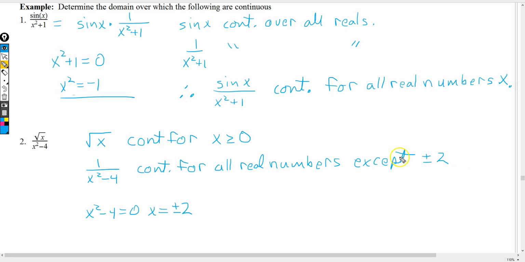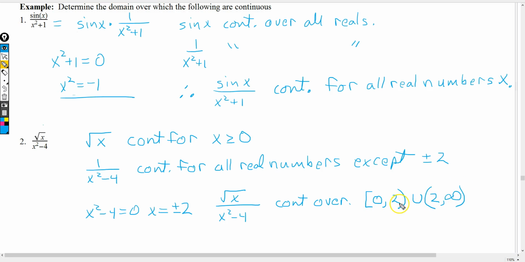Okay, so what we have then is that this function here, the square root x over x squared minus 4, is going to be continuous over the interval from 0 up to 2, but not including 2, union 2 to infinity, like this.